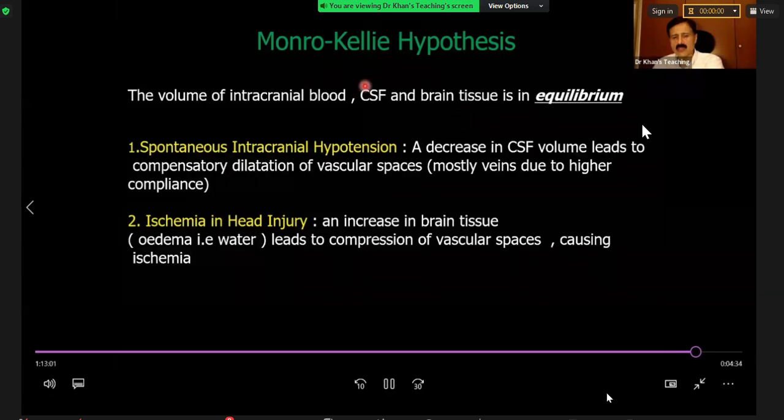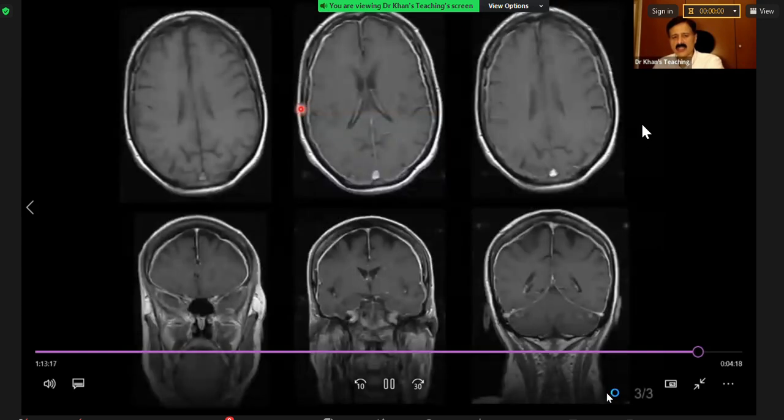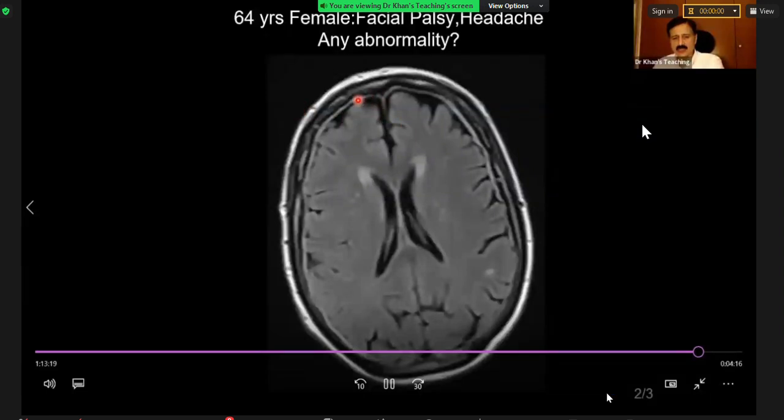So when the patient loses CSF, then intracranial blood, which is within the veins, the veins become engorged. And when they become engorged, radiologically speaking, there is dural thickening, just like this case, which is visible on this FLAIR sequence. And you can see this inner table, this is outer table.